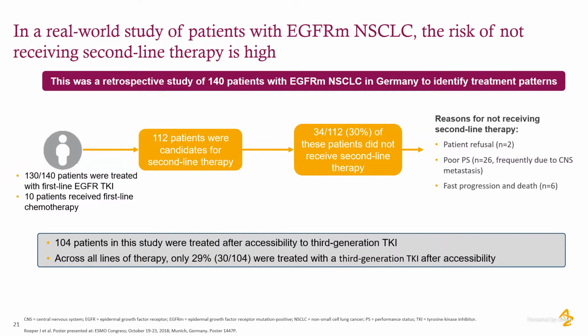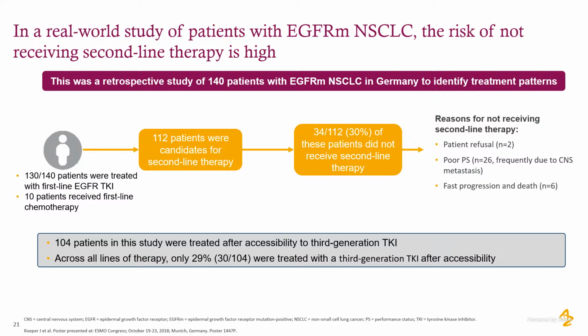In a real-world study of patients with EGFR mutant non-small cell lung cancer, the risk of not receiving second-line therapy is high. This was a retrospective study of 140 patients with EGFR mutant non-small cell lung cancer in Germany to identify treatment patterns. So 130 of 140 were treated with first-line EGFR TKI, 10 patients received first-line chemotherapy.